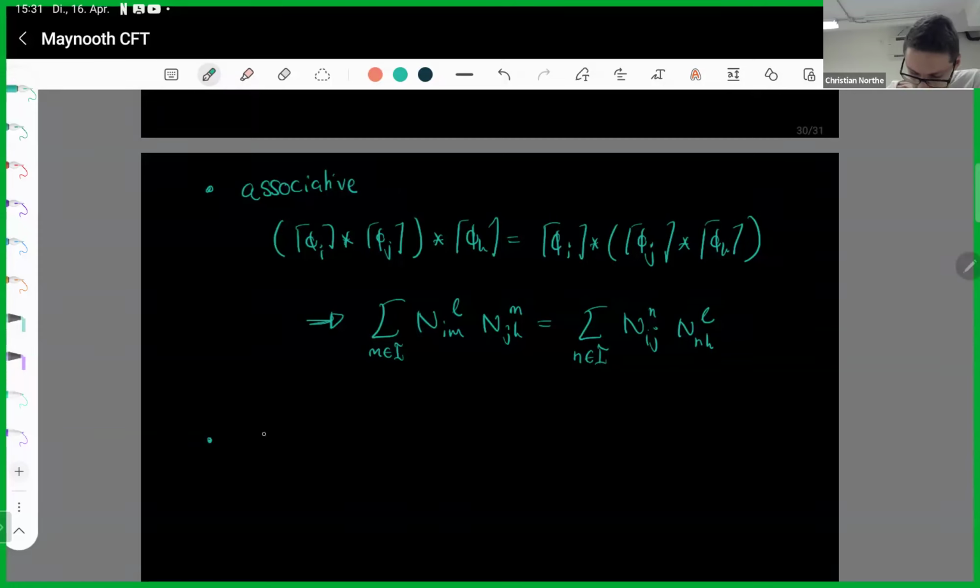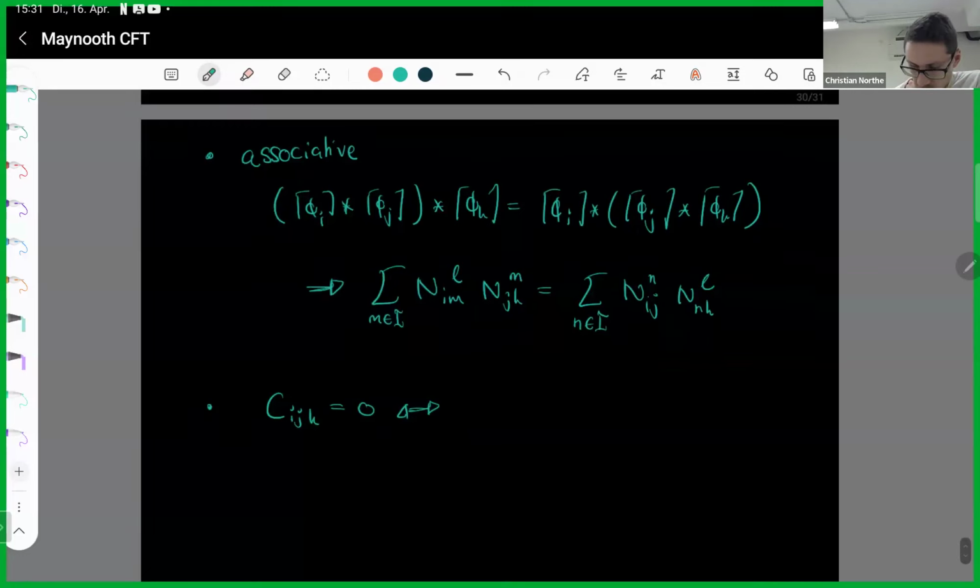I started talking about these interaction strength coefficients. When the scattering of I and J never returns a field K, meaning the fusion is 0 and I never get family K out of fusing I and J, then the interaction strength is also going to be 0.